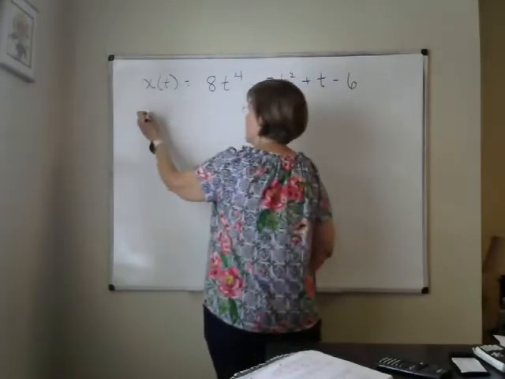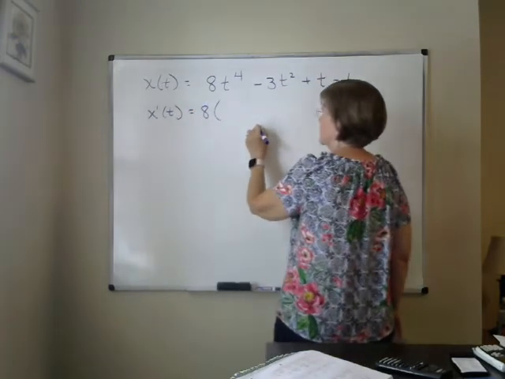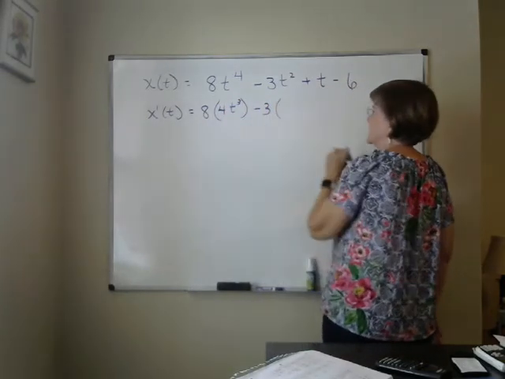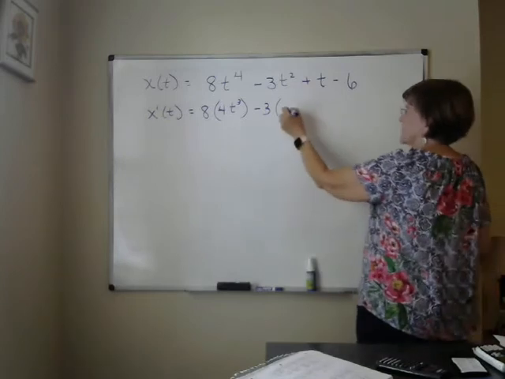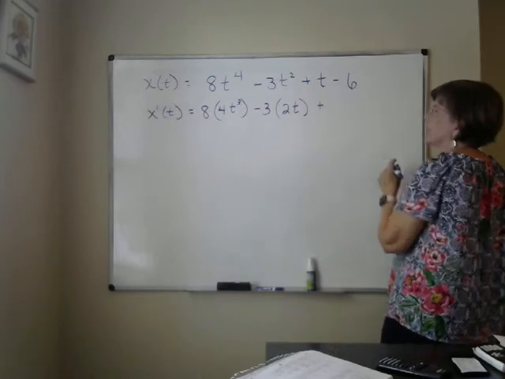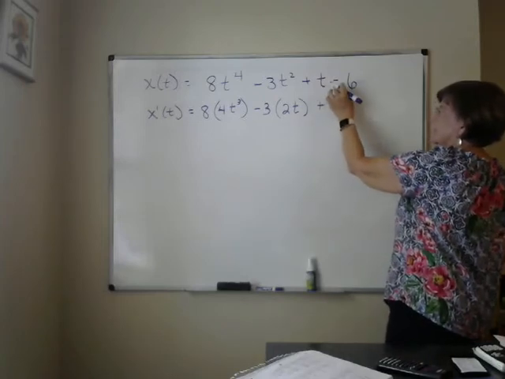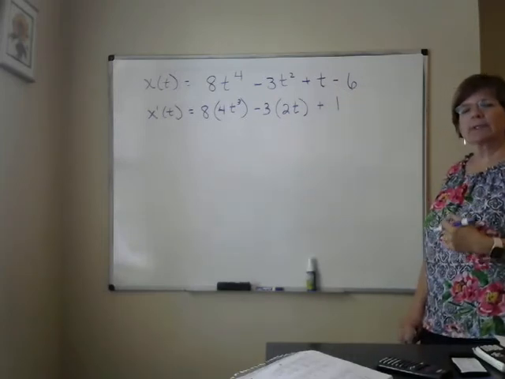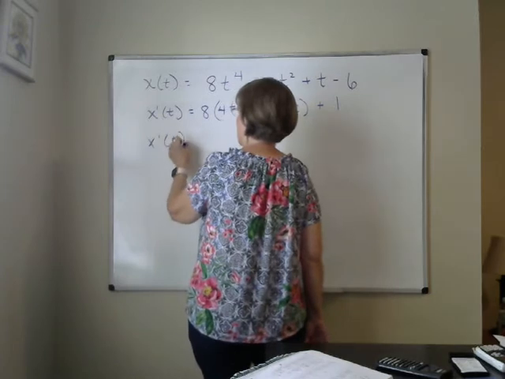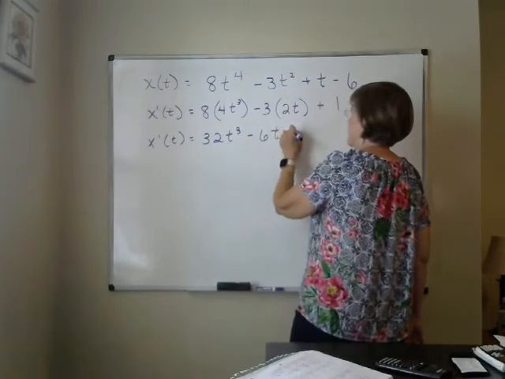The derivative, written x prime of t, would be 8 times, the derivative of t to the 4th is 4t cubed, minus 3 times, the derivative of t to the 2nd is 2t to the 1st power, just 2t. The derivative of t is just 1. And the derivative of negative 6, or any constant number, is 0. So our derivative is 32t cubed minus 6t plus 1.